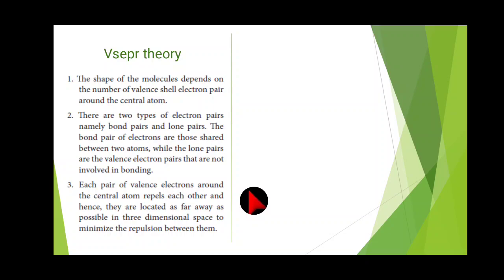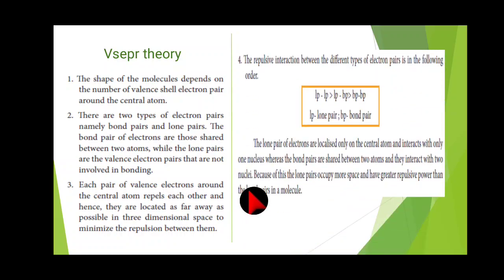Point number 4, the repulsive interaction between the different types of electron pairs follows this order: LP-LP, LP-BP and BP-BP. What is the meaning? Lone pair-lone pair interaction is greater than lone pair-bond pair interaction, which is greater than bond pair-bond pair interaction.